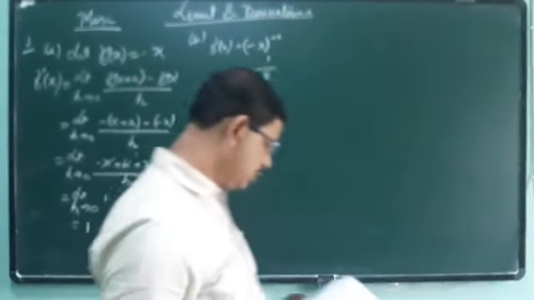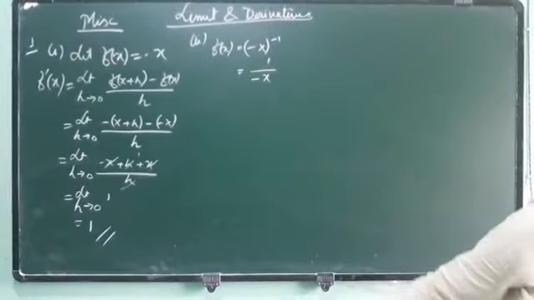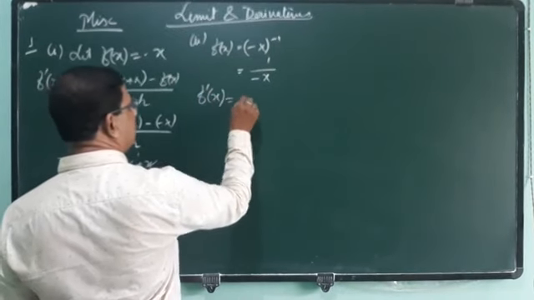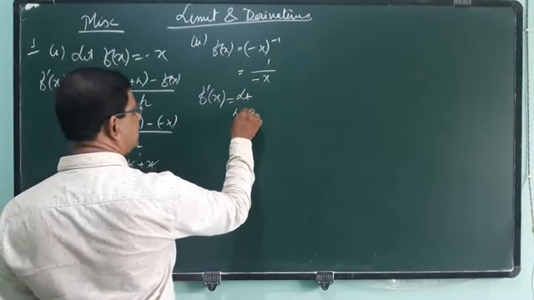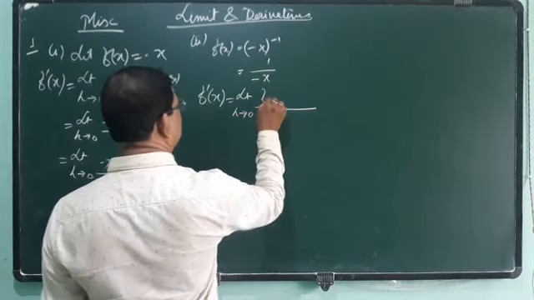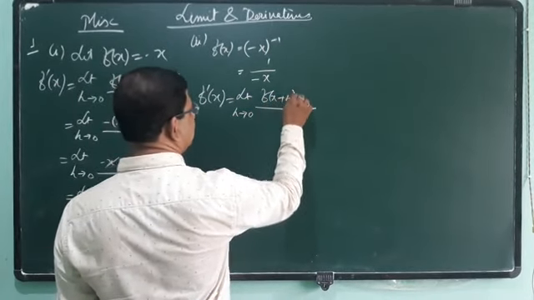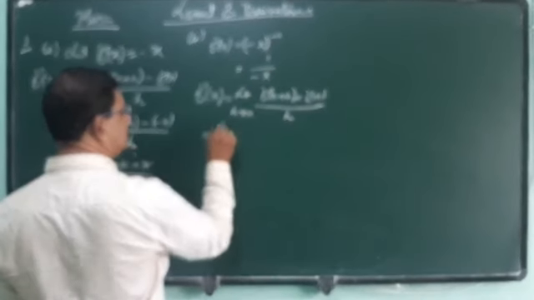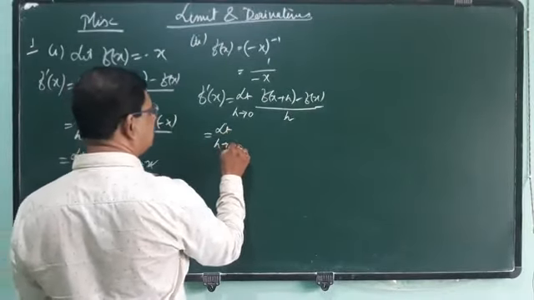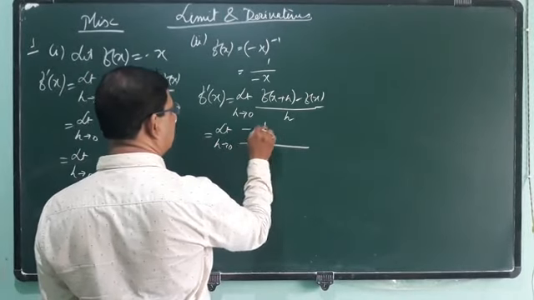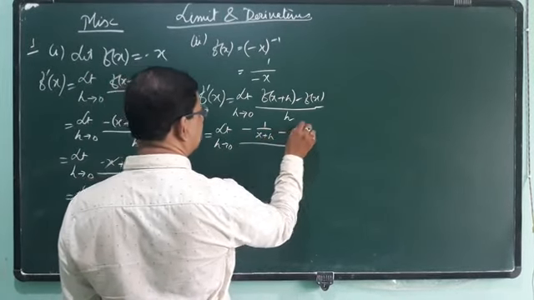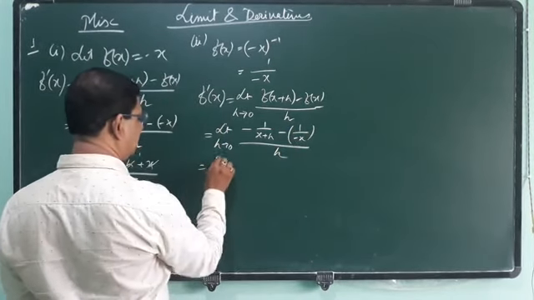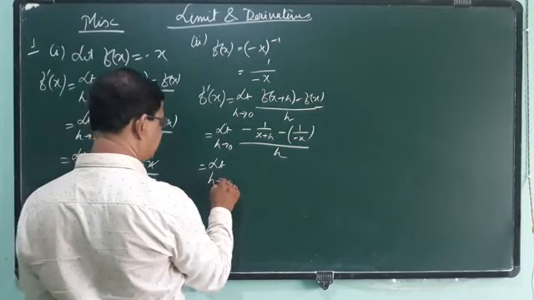So now if I want to do this, then f dash x will be equal to limit h tends to 0, f(x plus h) minus f(x) divided by h, limit h tends to 0, 1 by (x plus h) minus 1 by x, all by h.